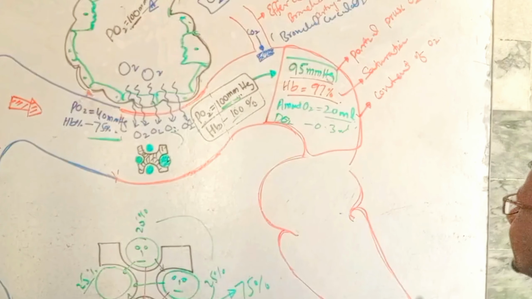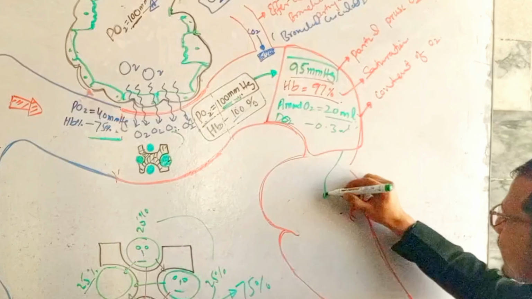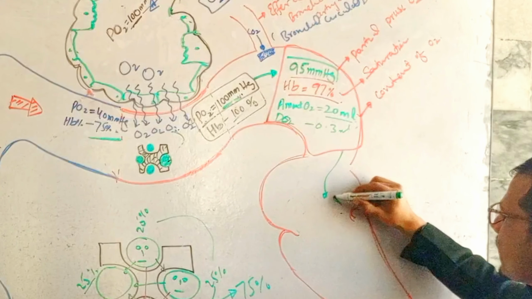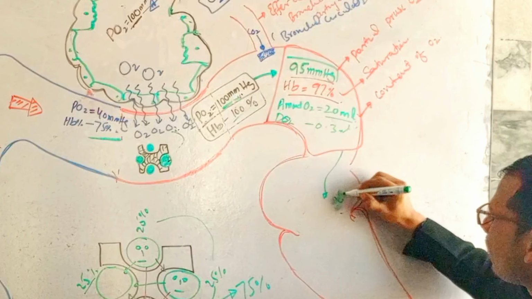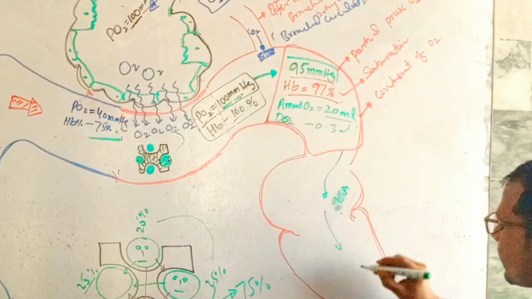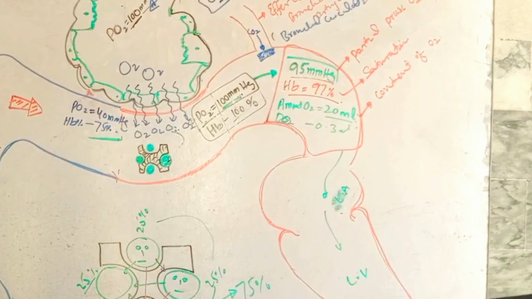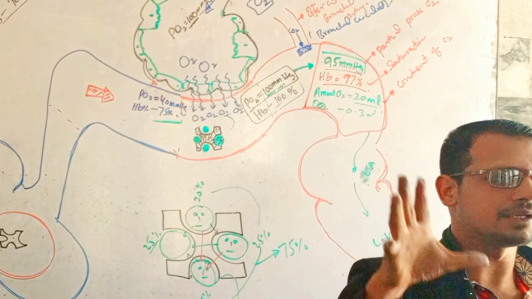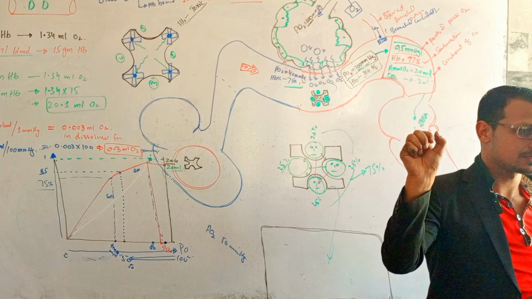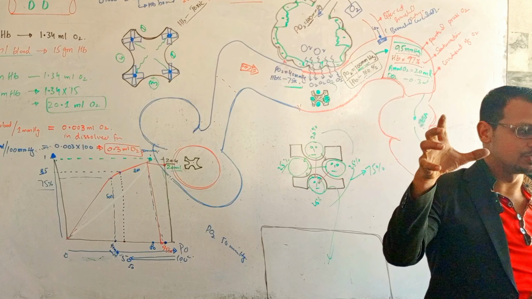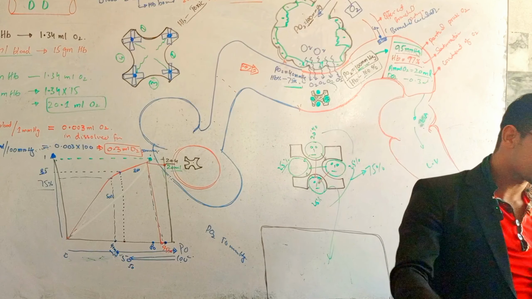Now this 100 ml of blood goes into the left atrium, and from the left atrium it goes into the left ventricle. When the left ventricle contracts, it will distribute this blood into the whole body.